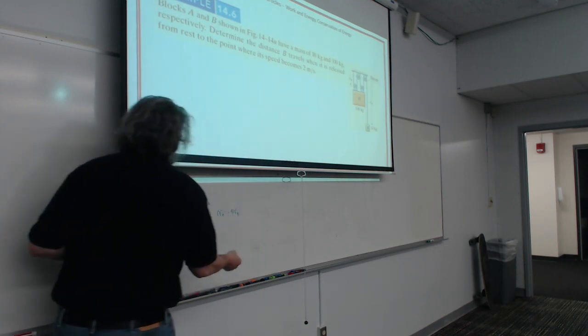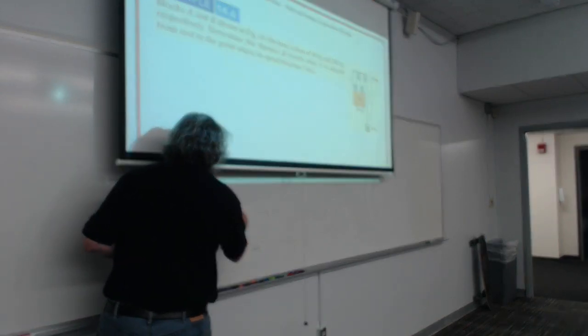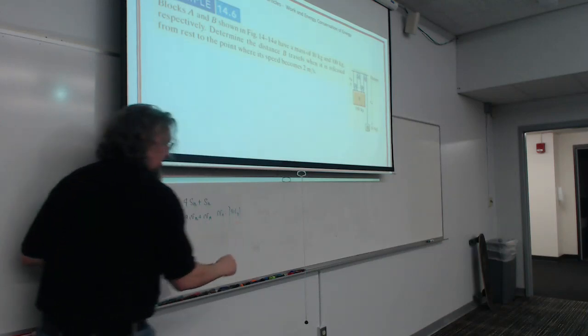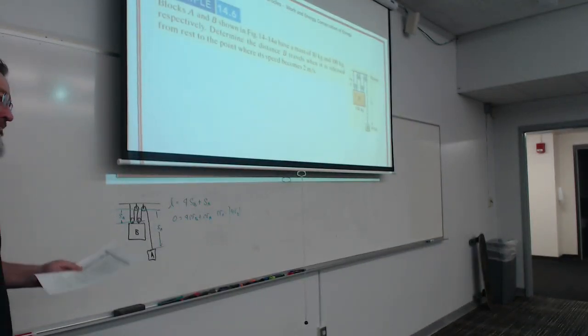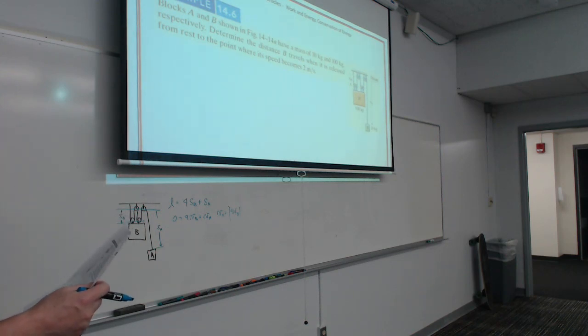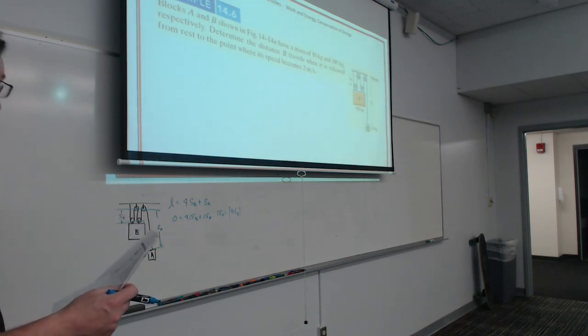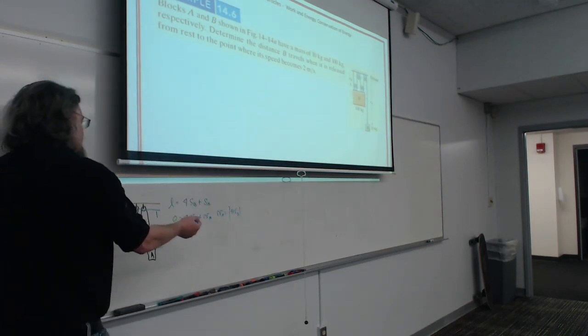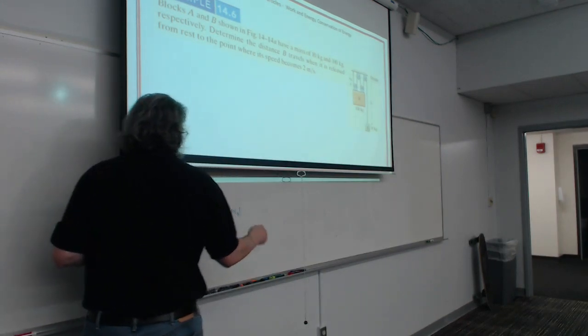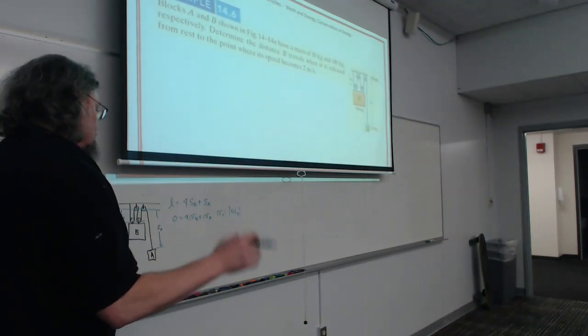I personally just avoid trying to use the signs for anything. Forget about the signs. Unless it's a complicated thing, don't let the signs fool you. It's not going to matter for work energy because both of the velocities are going to be squared, so their signs don't actually matter.